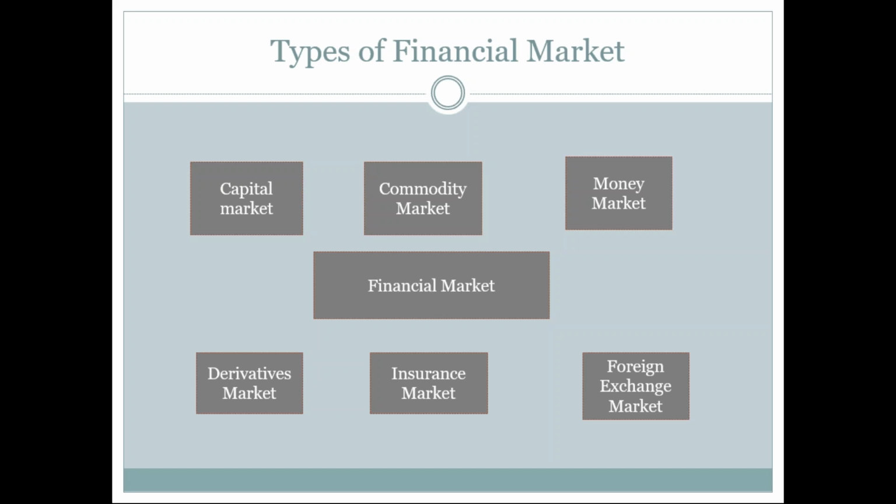So if he's selling at, suppose, 67 and buying at maybe 58, he's making a profit of 9 rupees per dollar in the process of selling and buying. So that is an example of the foreign exchange market, where people buy and sell currency.